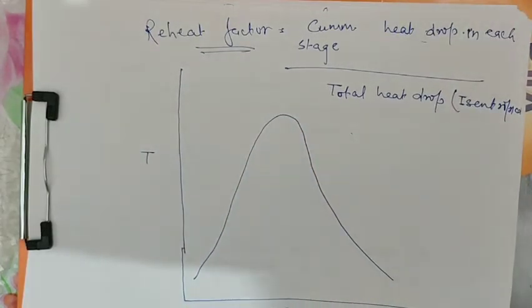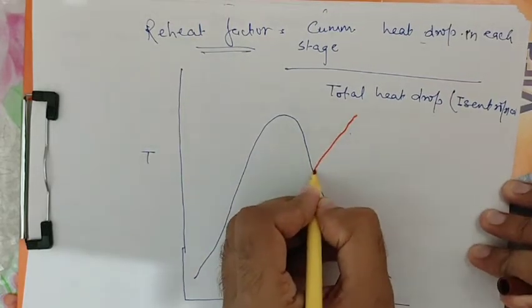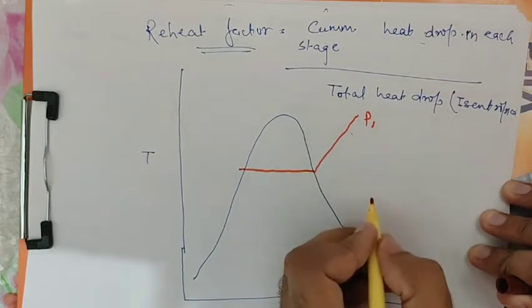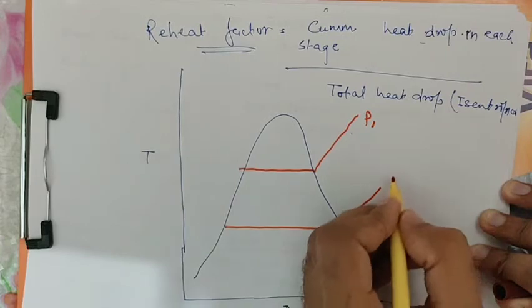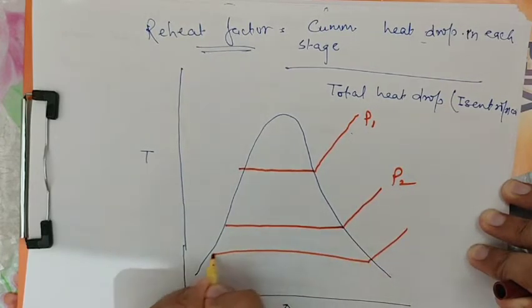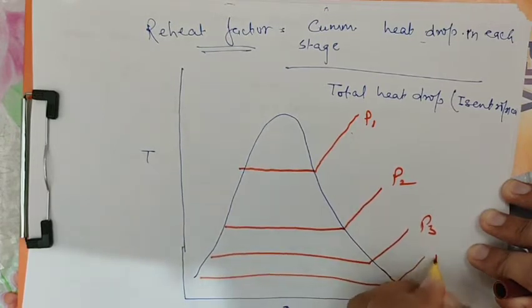Now what we have done: we have taken this pressure line P1, and again the next pressure lines P2, P3, P4.